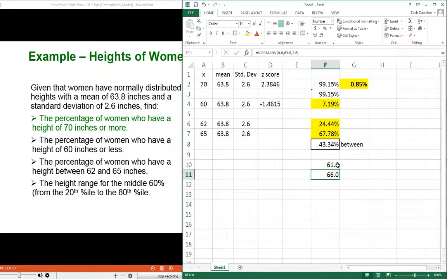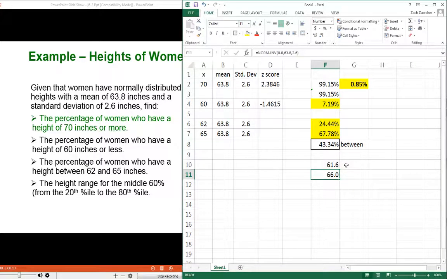Okay. So the middle 60%, so the 20th percentile to the 80th percentile goes from 61.6 inches up to 66 inches. According to this data, any woman whose height is in that range, they're in the middle 60% of all women.